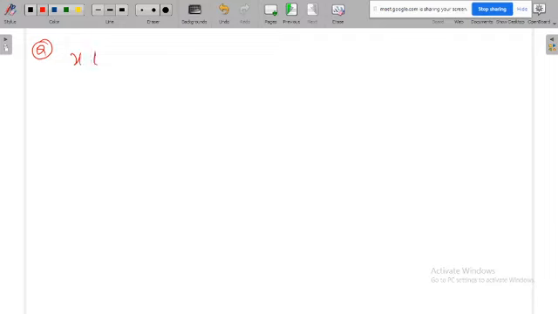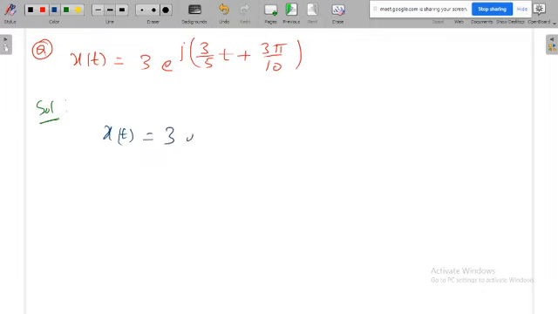x of t is equal to 3 e power j (3 by 5 t plus 3 pi by 10). Now the question is like this, then what is the solution? Again you can write this signal like this: e power j 3 by 5 t into e power j 3 pi by 10.